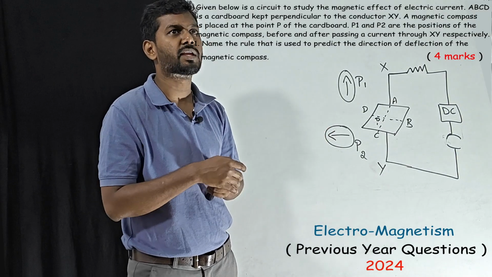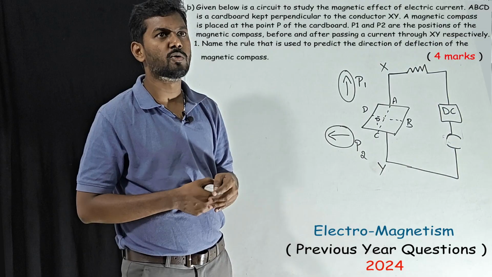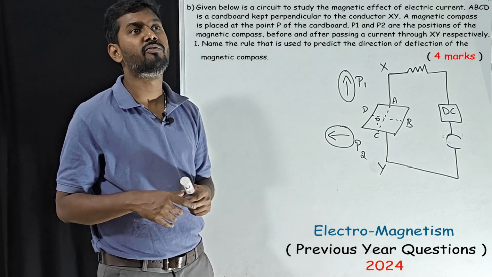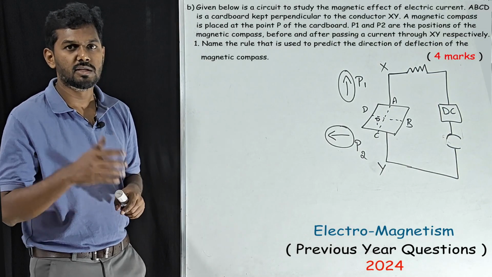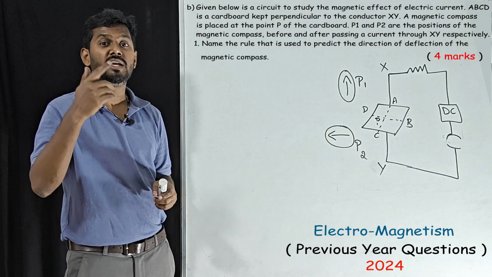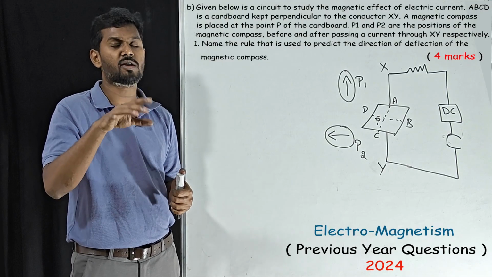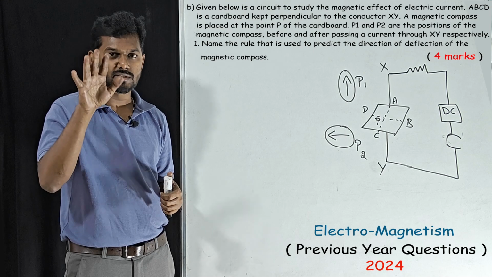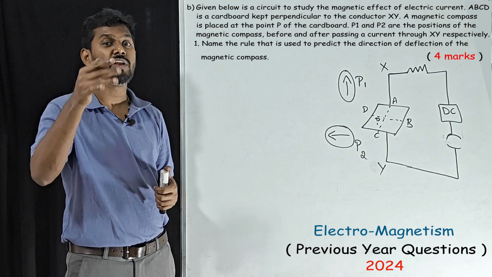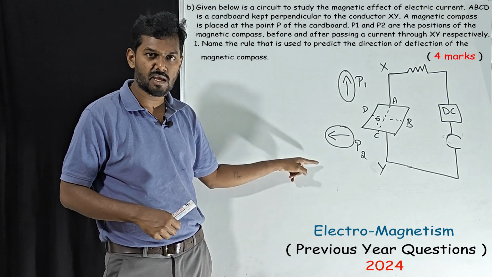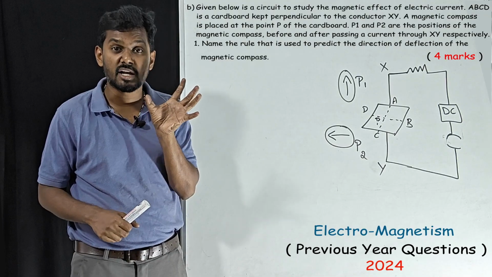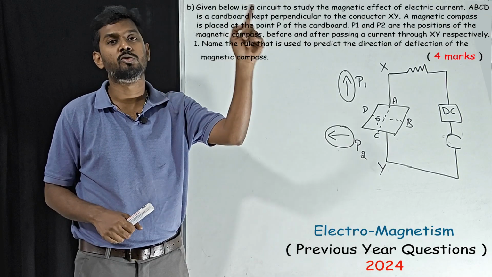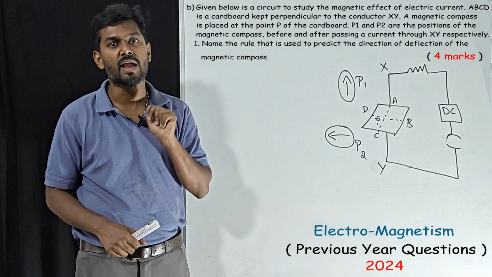Then, name the rule that is used to predict the direction of deflection of the magnetic compass. See, we are finding the direction of deflection of the magnetic field or magnetic compass, correct? So that is the right hand thumb rule. Listen, when do we use Fleming's left hand rule? When electric current is there, an external magnet should be there and force should be generated, then Fleming's left hand rule.